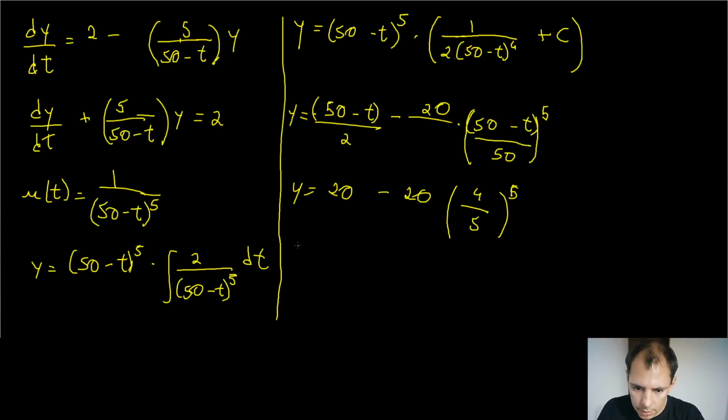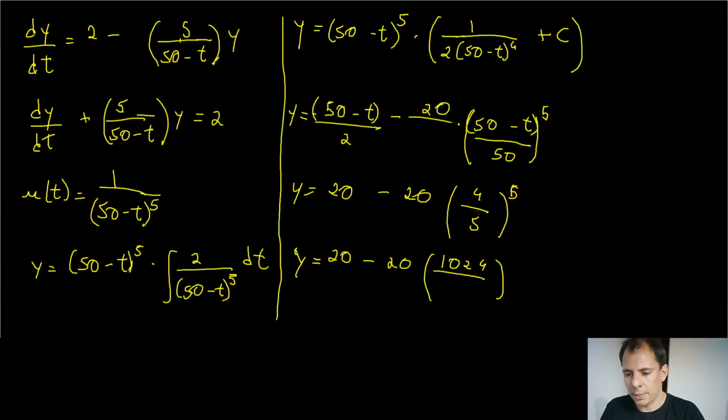let's see, this is going to be y equals 20 minus 20 times do this, okay? So 4 is the same as 2 squared, okay? So it's 2 to the 10. 2 to the 10 is 1024. Divided by 5 to the 4th is going to be 625. So you have 625 times 5. It's going to be 3125.